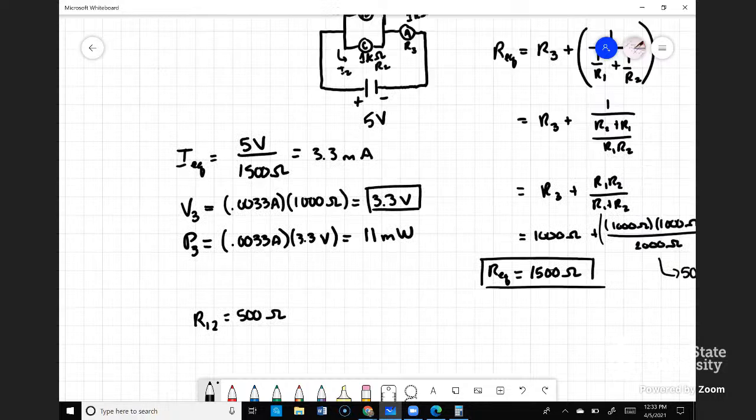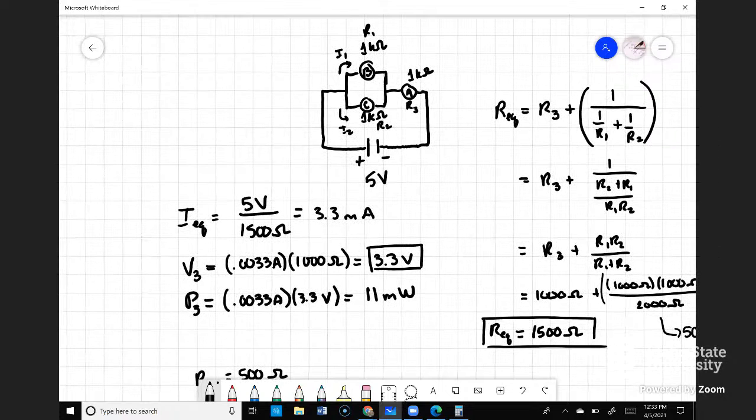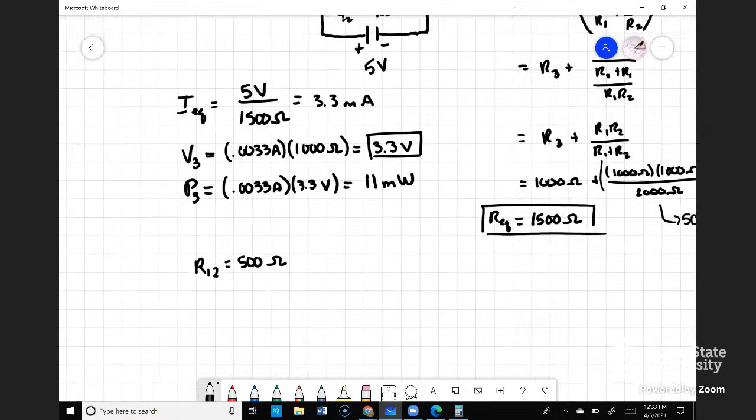And so the current which splits there has to split exactly equal because there's the same resistance.